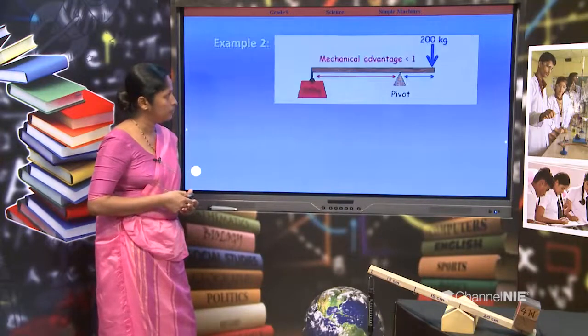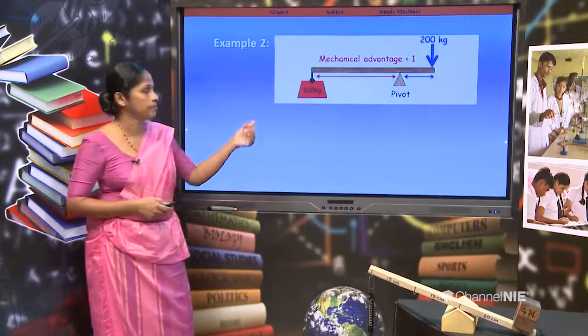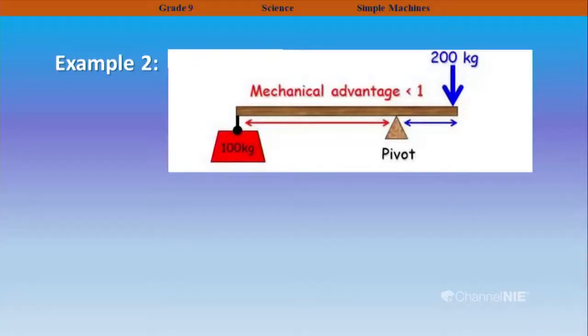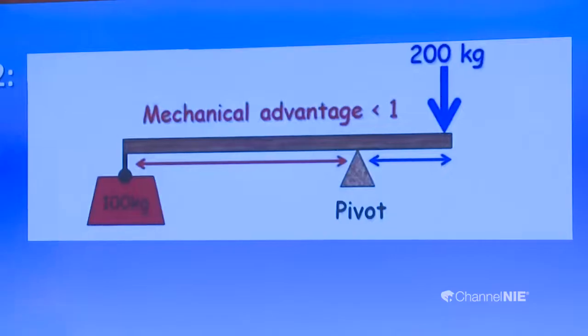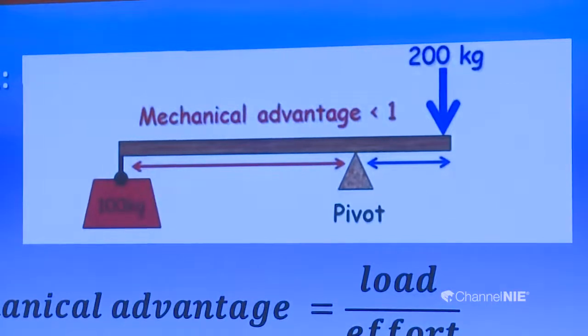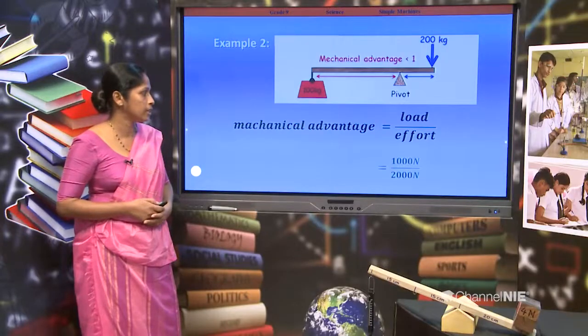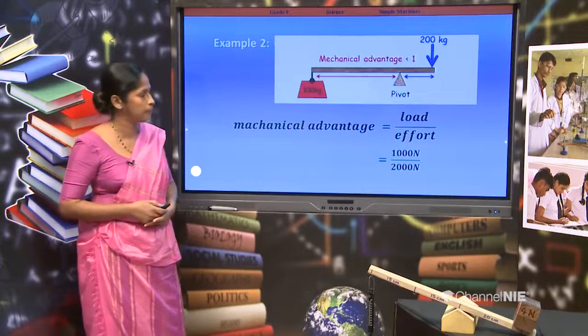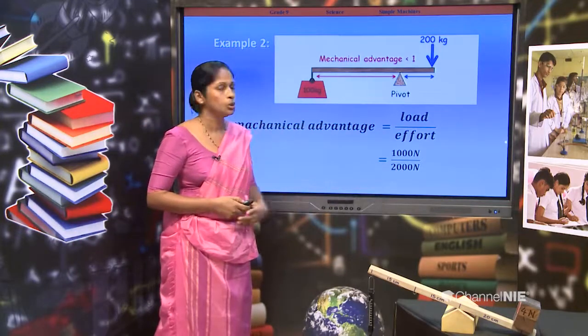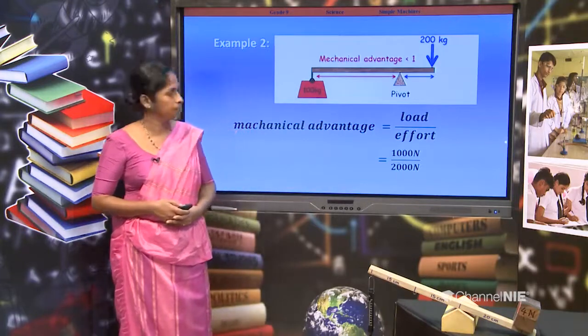Okay. Let us do another activity. Example 2. Here you can see the same load to be lifted by exerting a force, but the effort we exert is greater than earlier, that is 200 kilograms, 2000 Newton.